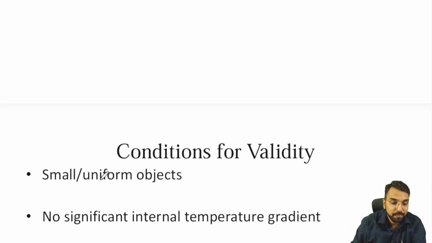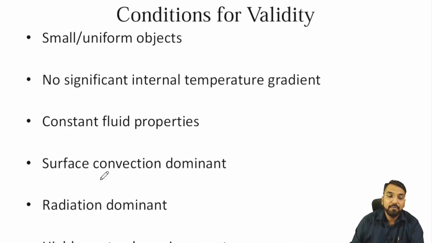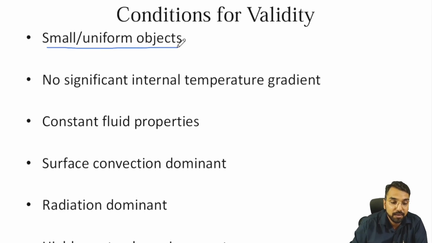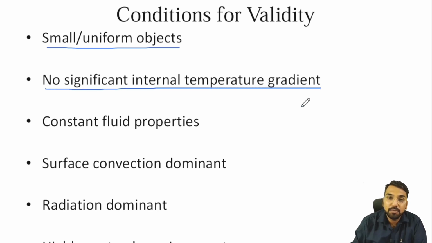Okay, so the condition for validity. Newton's law of cooling is valid for small and uniform objects, so there is no significant internal temperature gradient. What is meant here?